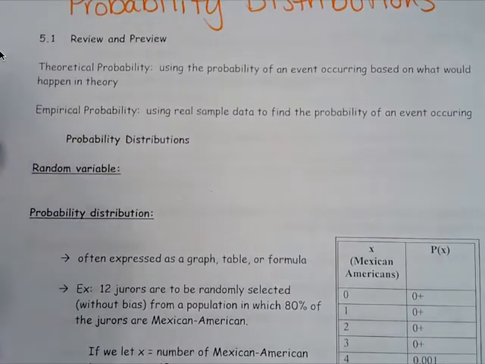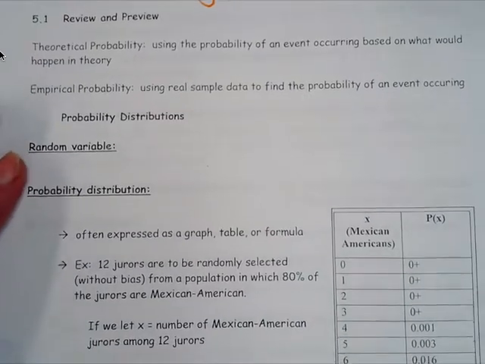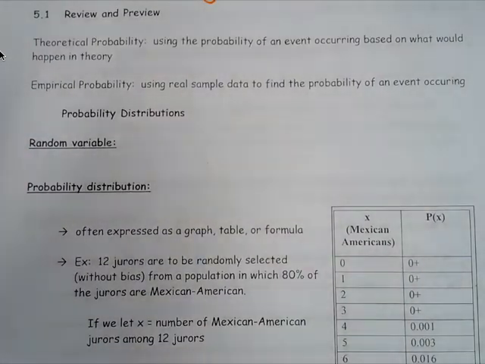So the first term that we're going to look at is a random variable. So when we spin a spinner, a fair spinner, or roll a die, we are able to come up with a random variable.